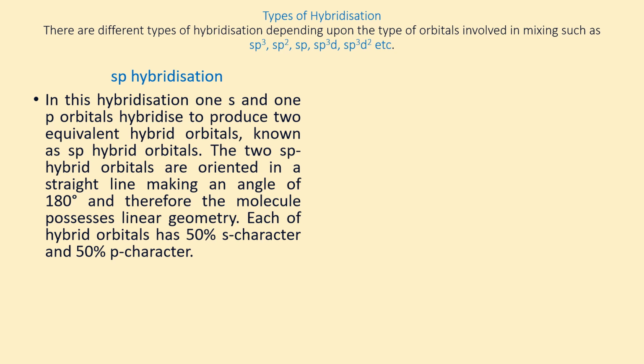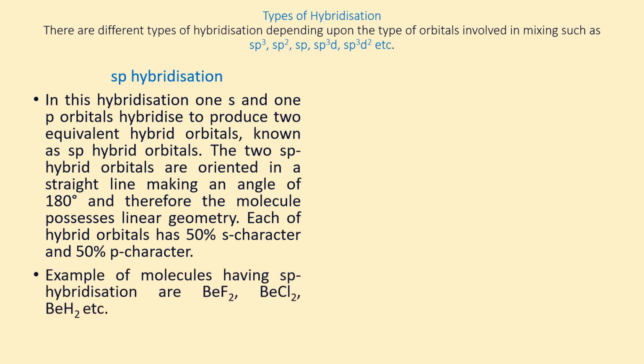Each of the hybrid orbitals has 50% s character and 50% p character. Examples of molecules having sp hybridization are BeF2, BeCl2, BeH2, etc.